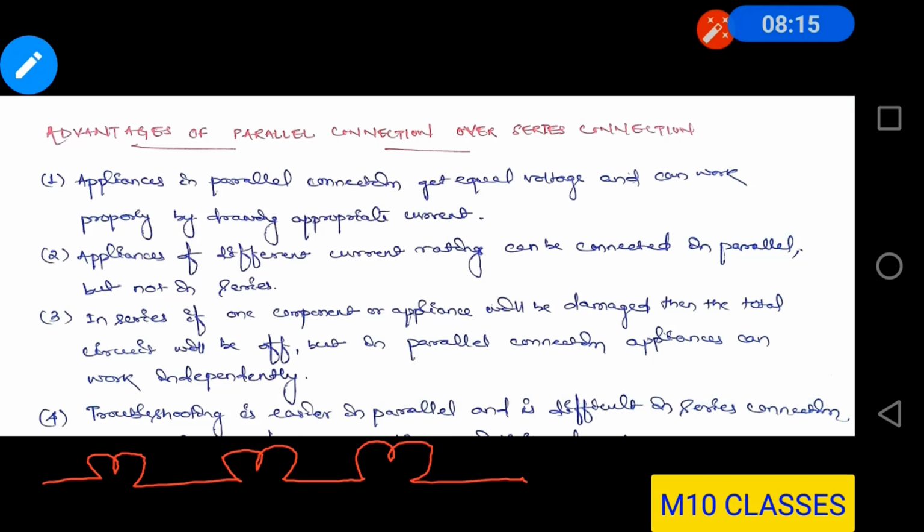Now think about repairing it. If the total circuit is off, you will not be able to know which bulb is broken or damaged. So you have to check one by one. You have to check each bulb whether it is damaged or not, and that is why troubleshooting is very much difficult in case of series connection.